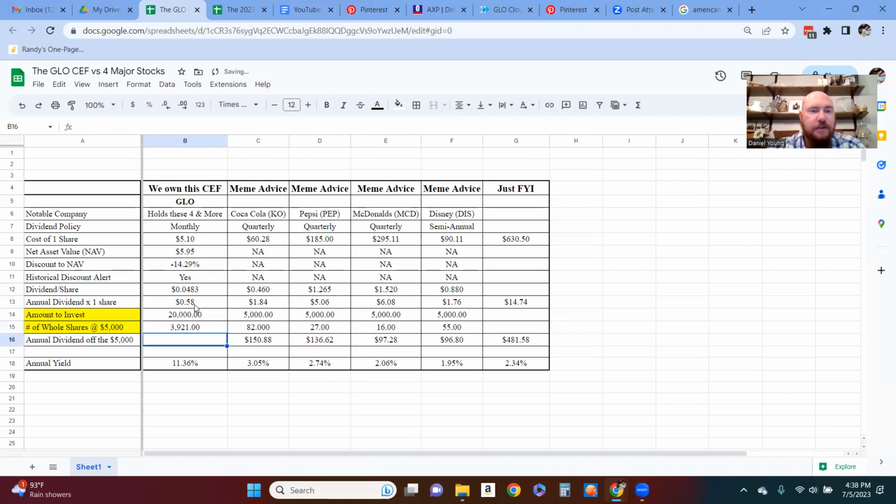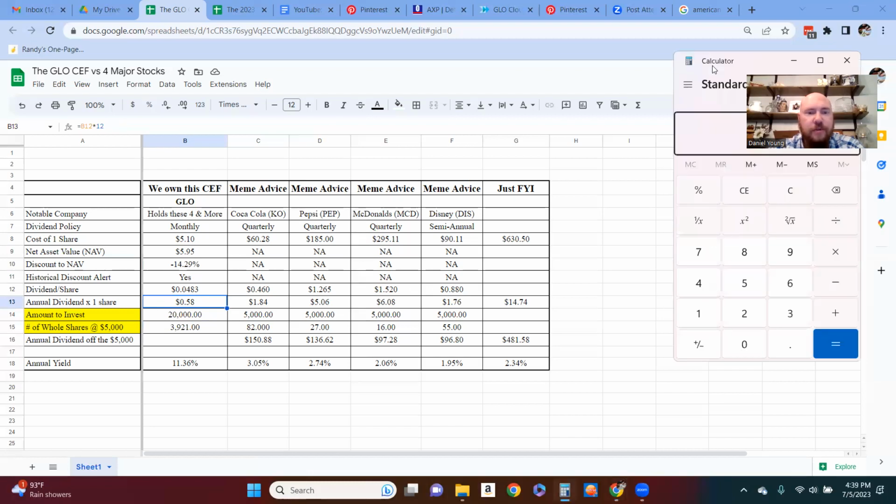The difference in this dividend compared to the others is this one pays monthly. So it doesn't look like much, right? It's really small compared to all of this stuff, but it pays you every month. So if we did that by quarter, pull up a calculator. We'll use Coca-Cola.